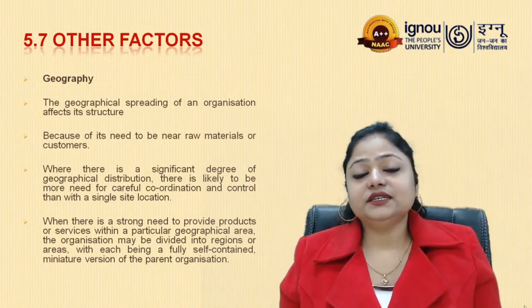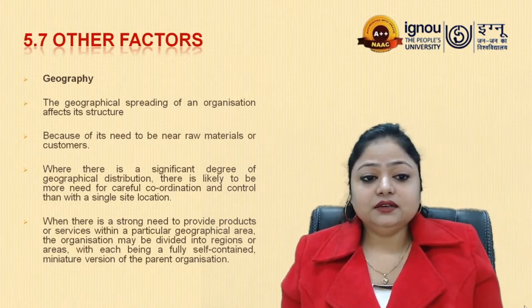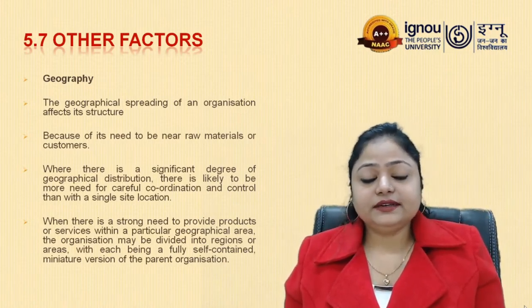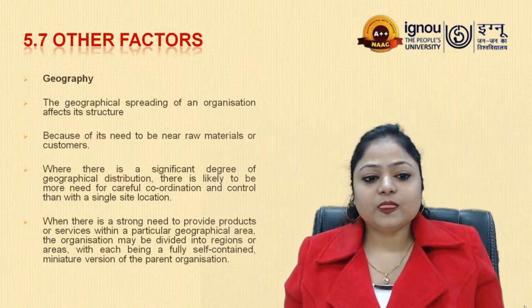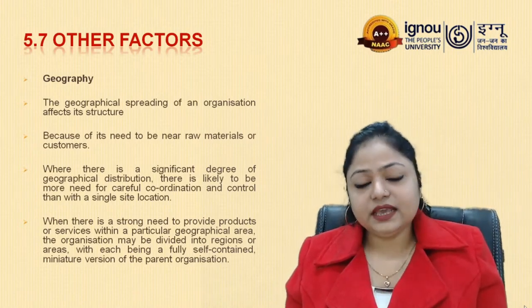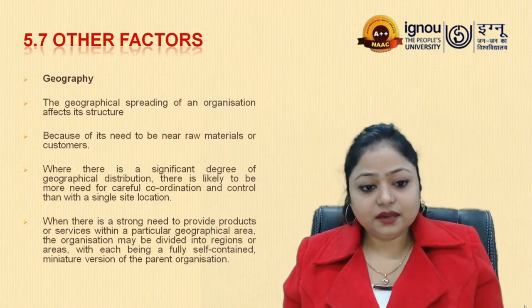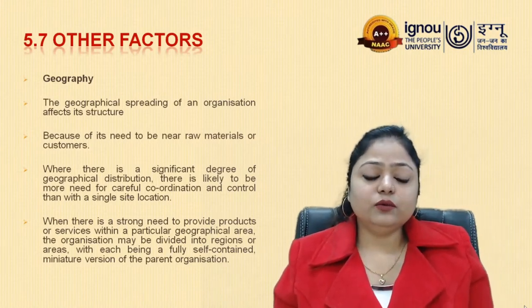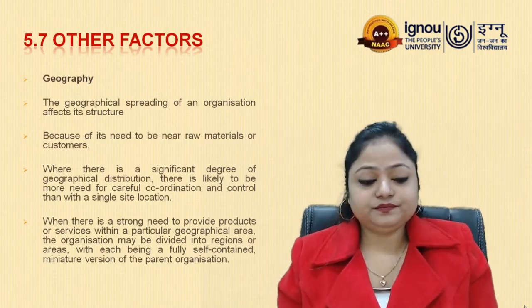The spreading of an organization affects its structure because it needs to be near the raw materials or where it is getting its supply, and where customers reside. Where there is a significant degree of geographical distribution, there is likely to be more need of careful coordination and control than in an organization which operates in a single site location.